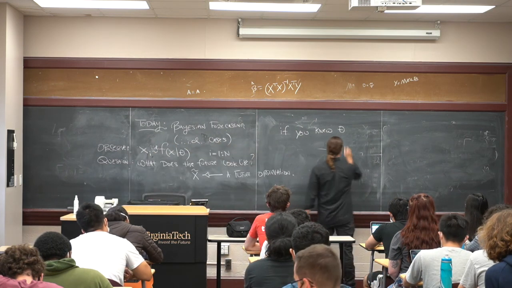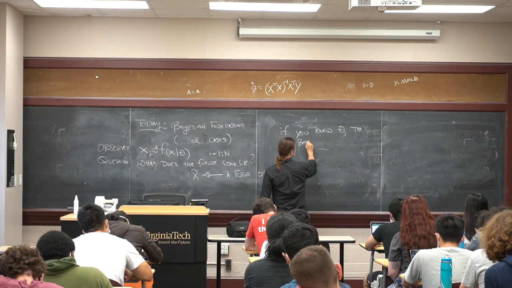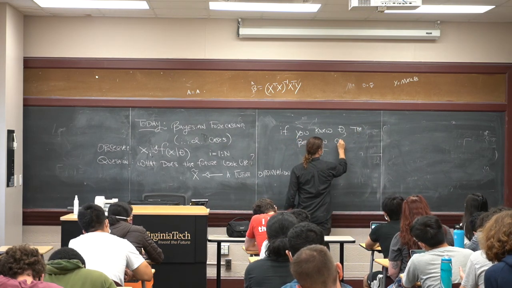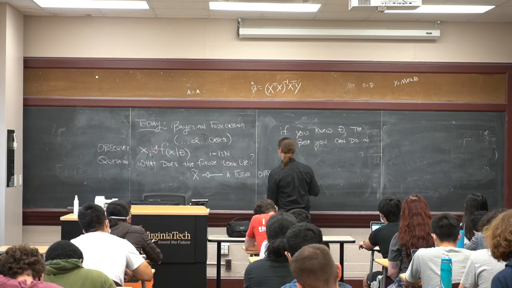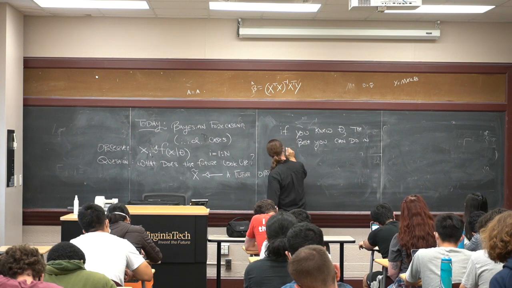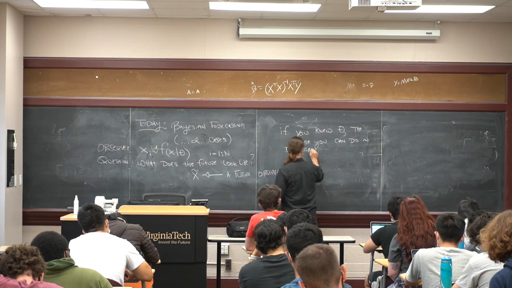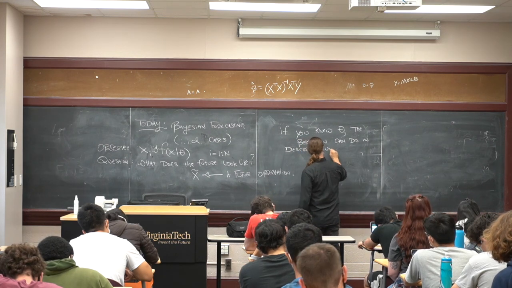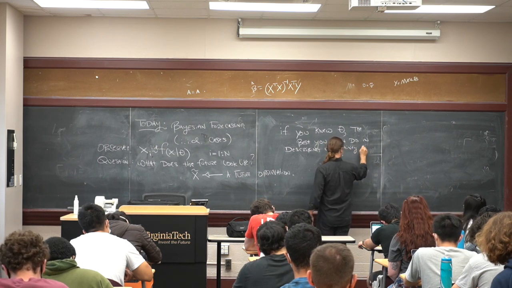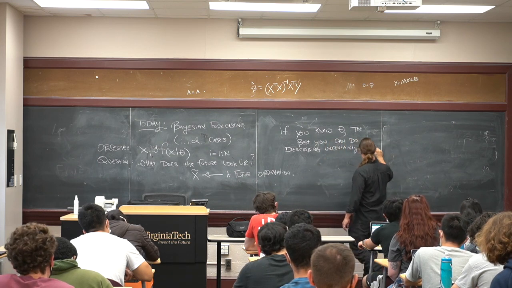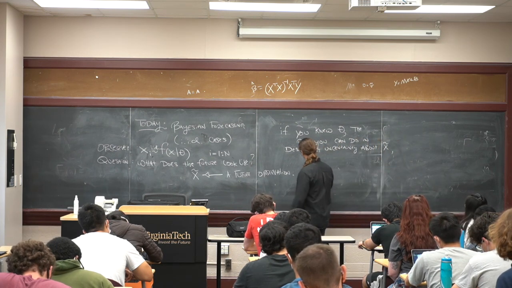If you knew theta, the best you can do in describing the uncertainty about x tilde, about the future, is through your sampling distribution.